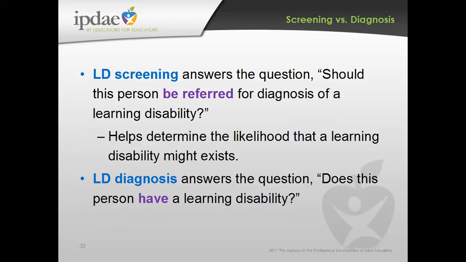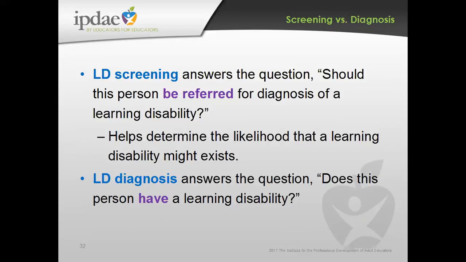Now, an LD diagnosis, on the other hand, is where those 3 discrepancy factors would be tested, and those discrepancy factors were information processing, intellectual ability, and the achievement discrepancy.